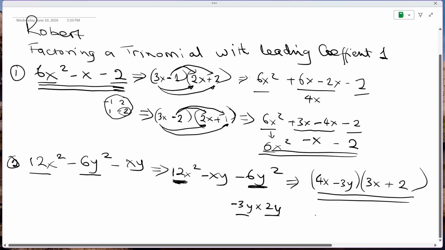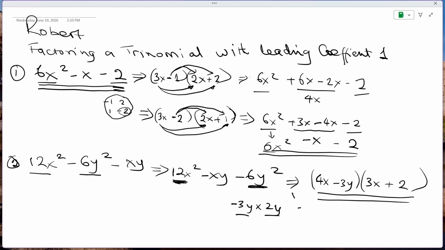So we can then look at this expression in an expanded format to see if we can get our original expression. So we have 4x times 3x will give us 12x squared. That's okay because we already have it there.